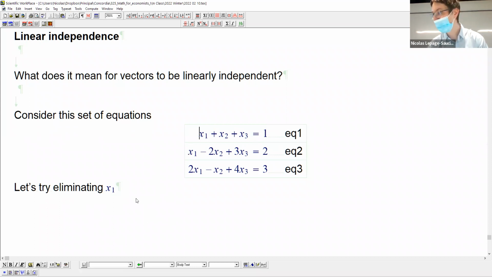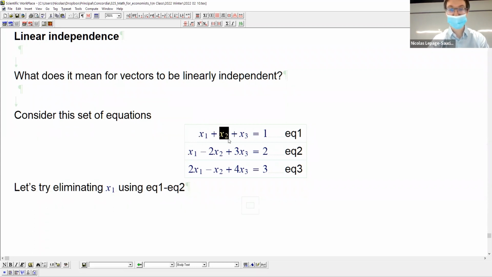So I'm going to take equation 1 minus equation 2. If I take equation 1 minus equation 2, then x1 should go away.